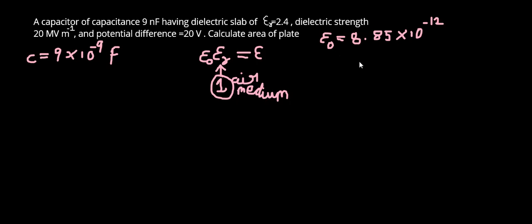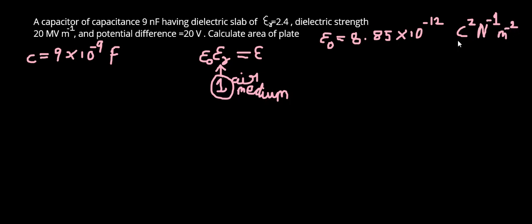So what is the SI unit for this? It's nothing but coulomb square per Newton meter square, or otherwise I will be writing it like this: Newton inverse meter power minus 2.